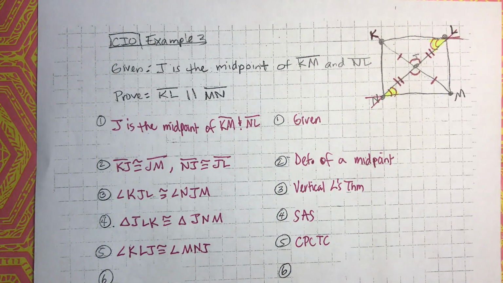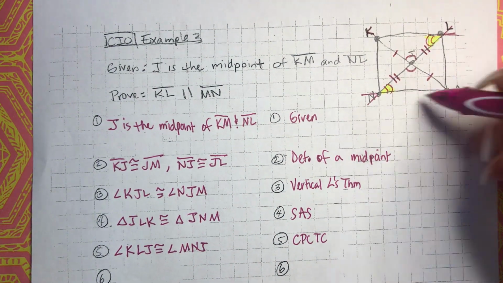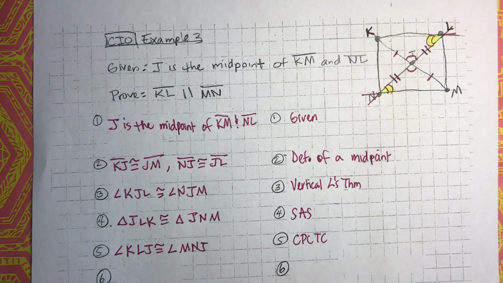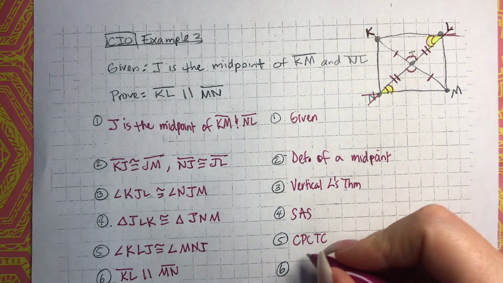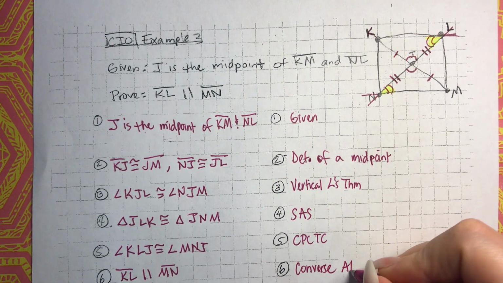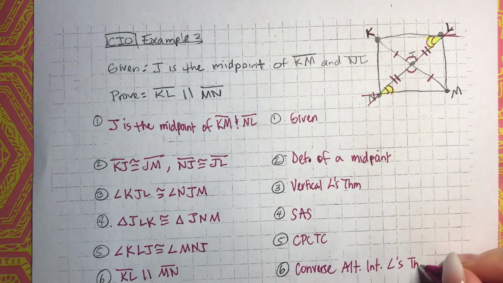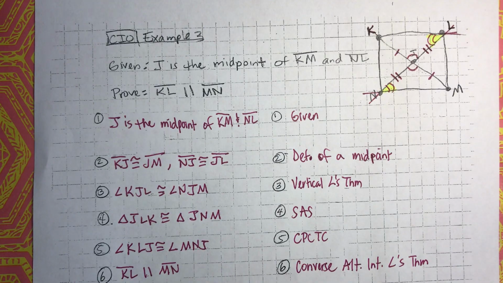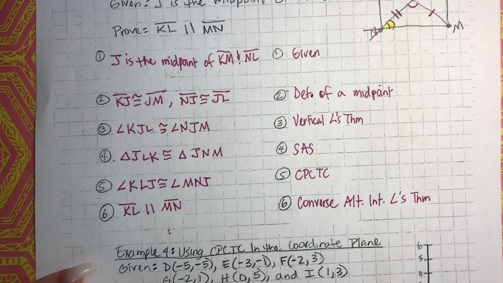We can say that these two lines, KL and MN, are parallel because of the converse of the alternate interior angles theorem. All right, that's it for example 3. Great job, and I'll see you back in a little bit for example 4.